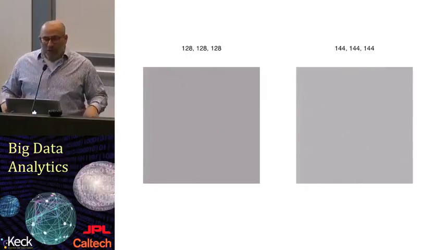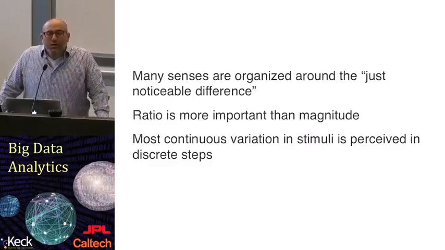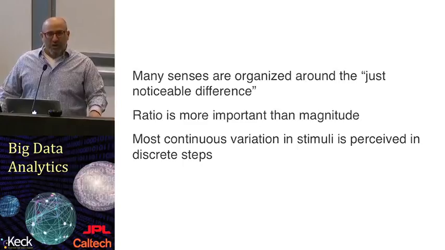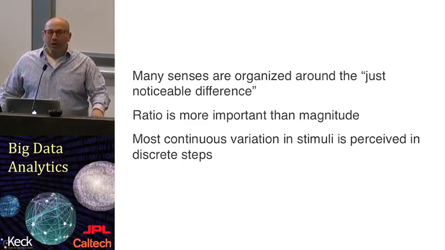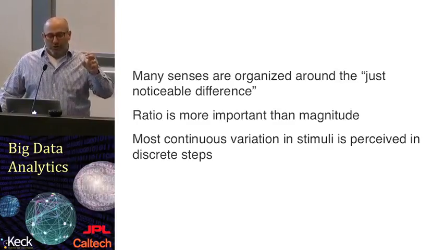So when we look at the way the human mind understands color, what we have to understand is that even though there are differences that we might be able to label in RGB space, the human mind is only capable of perceiving what we call the just noticeable difference.